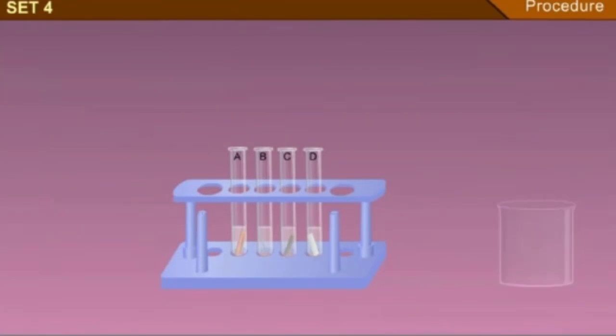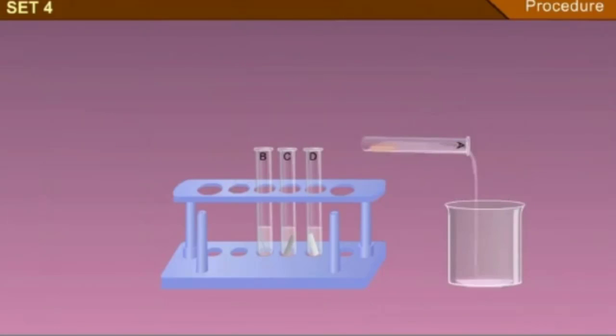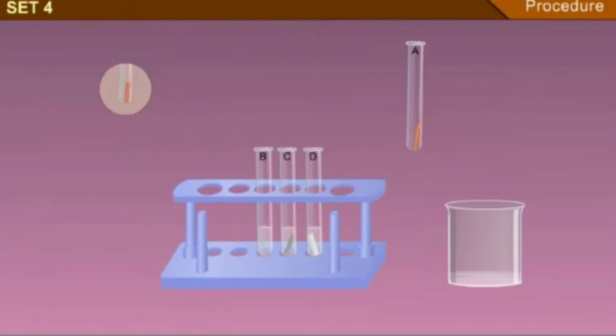Wait for 5 minutes and then pour off aluminium sulfate solution from each test tube into the beaker. Observe the color of metals placed in each test tube.